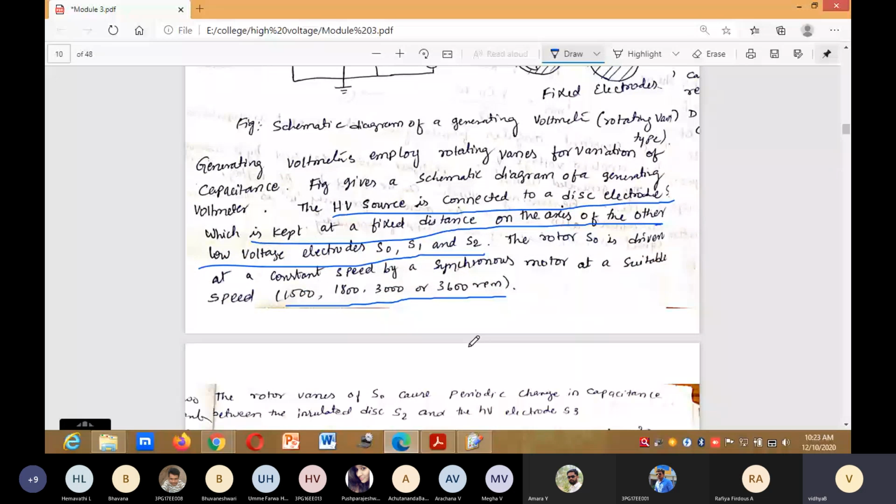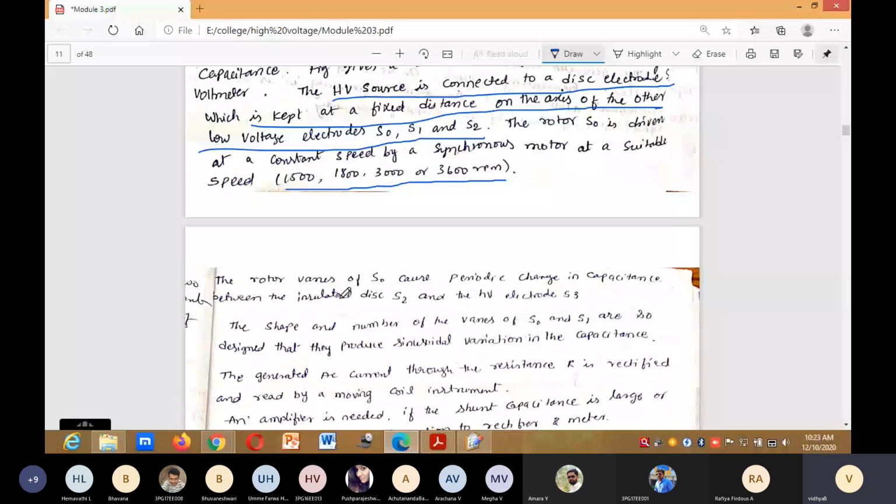The rotor vanes of S0 will cause a periodic change in capacitance between the insulated disc S2 and the HV electrode S3.